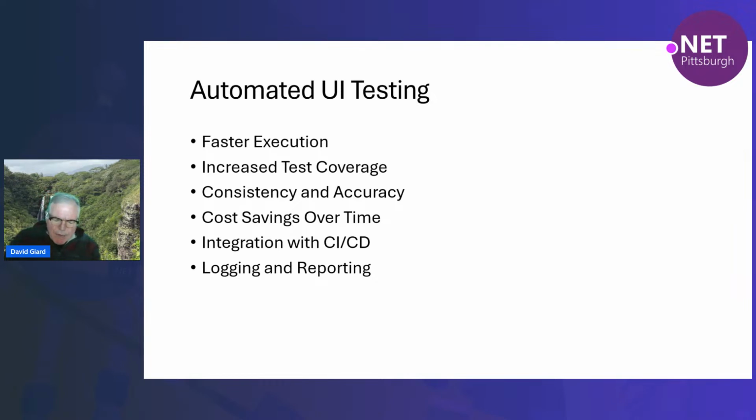We want to test our APIs, our database calls, all the code we've written that's not part of the UI, using testing frameworks like XUnit or NUnit. Those are really popular, and we can build those into our CI/CD pipeline so that every time we make a change, we can do regression testing and check to make sure that the change does what it's supposed to do and that it didn't break anything else.